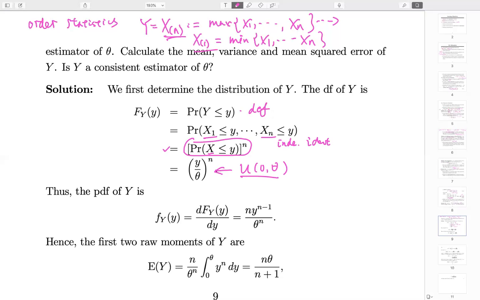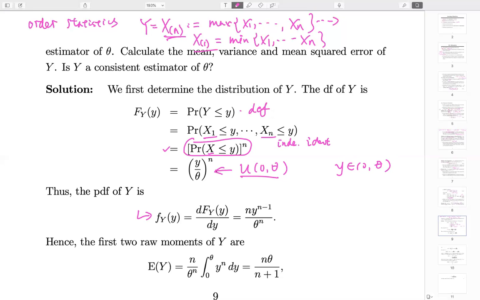Because X is uniform, the probability that X is less than y would be y over theta, right? Once you have the CDF, you can simply differentiate, right? By the way, your y is also between 0 and theta. You can quickly differentiate, and that will give you the PDF of this max order statistic Y.